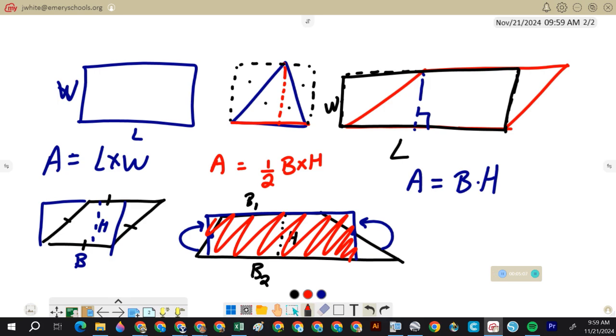But the question is, what is the width? What is the base of that rectangle? The height is easy. The height has not changed. So this distance is still the same. So the area of a trapezoid is something times the height. Can anybody figure out a way to determine how big that is?